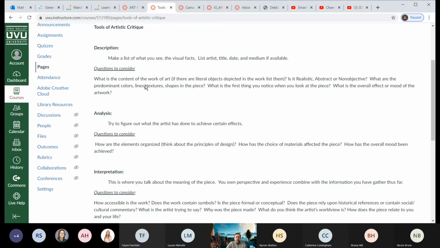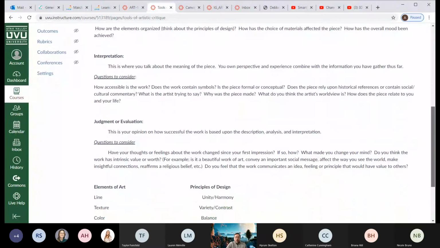From description, we have 4 or 5 different questions. From analyze, we have 3 different questions. From interpret, about 8 or 9 different questions. And from judgment, we have a couple different questions, but basically the judgment is doing your best to articulate why you feel the way you feel about the artwork.